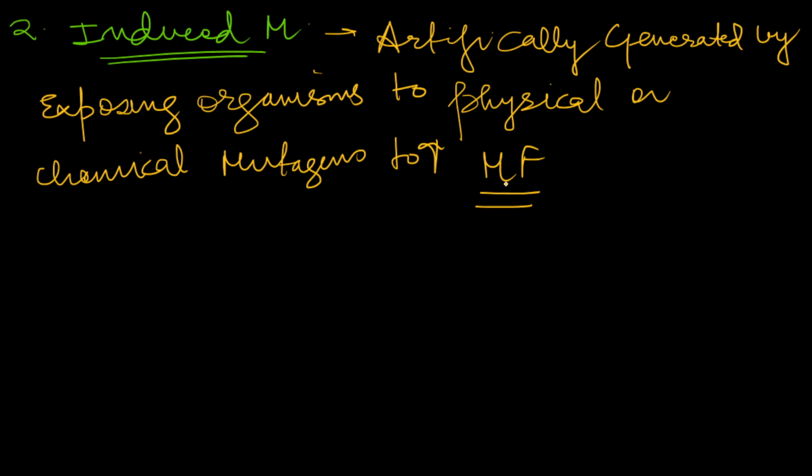MF is mutation frequency. So it is generated artificially by exposing organisms to physical or chemical mutagens to increase mutational frequency. What physical mutagens can be used?